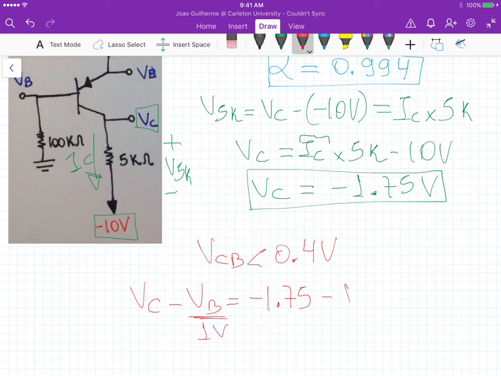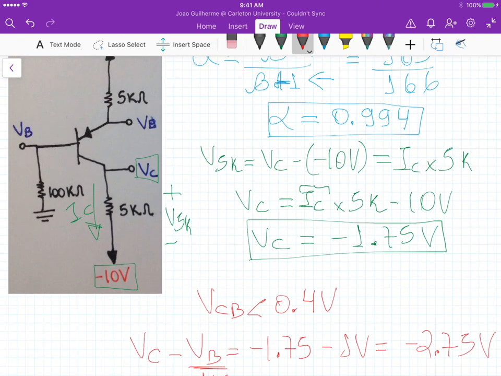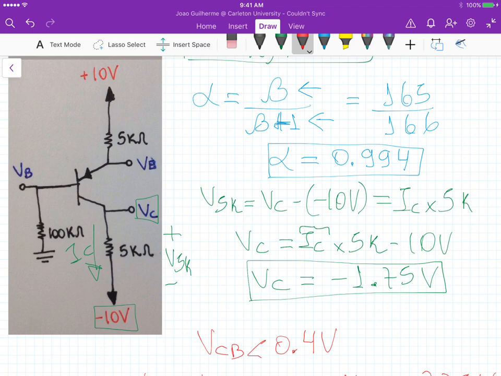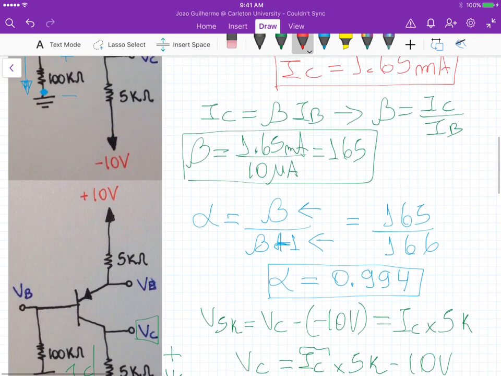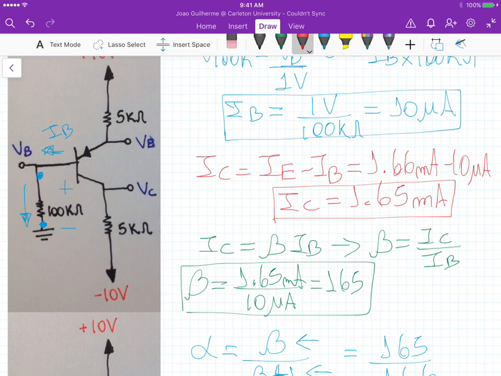So it's minus 1.75 minus 1, which is equal to minus 2.75 volts. And minus 2.75 is indeed less than 0.4 volts. So this agrees with our assumption of active mode region. So the value of VC is minus 1.75, alpha is 0.994, and beta, the common emitter current gain, is 165.